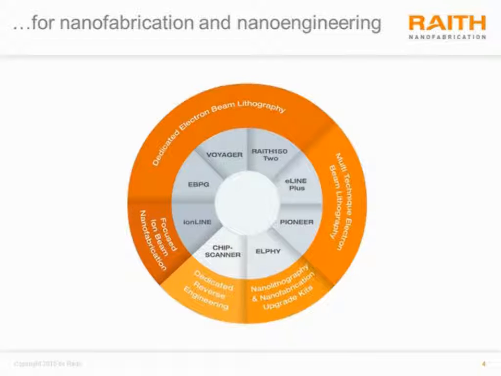We also have focused ion beam and scanning electron microscopy instruments. During today's presentation, I will be focusing exclusively on the chip scanner scanning electron microscope for large area imaging. First, however, I would like to explain the link between the chip scanner and our electron beam lithography instruments.